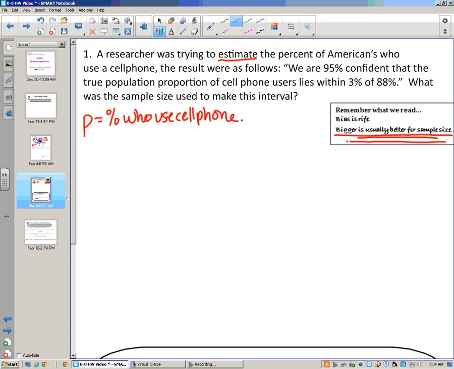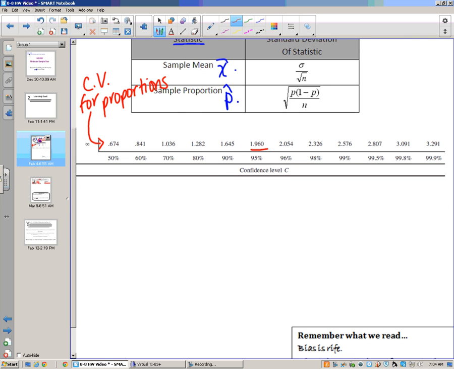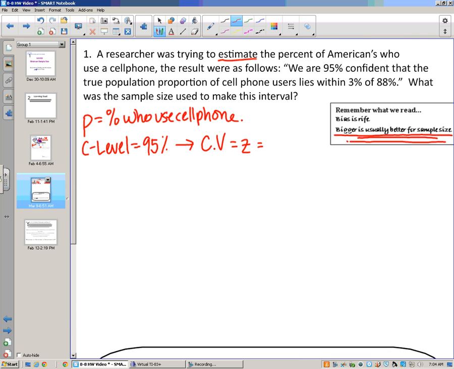So we've read this before. Our confidence level is 95%. That tells us our critical value, which is our z-score, if we go back to the chart on the front of your page, for 95% confidence, was 1.96.